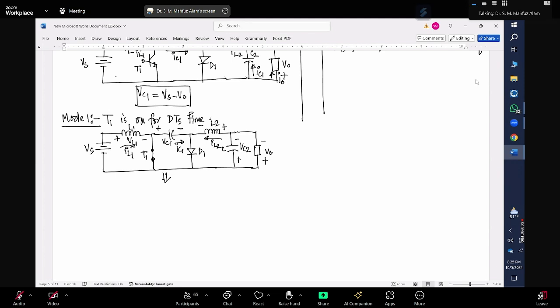So we can consider this circuit to have two portions. For the first portion, we'll have a circuit like this.